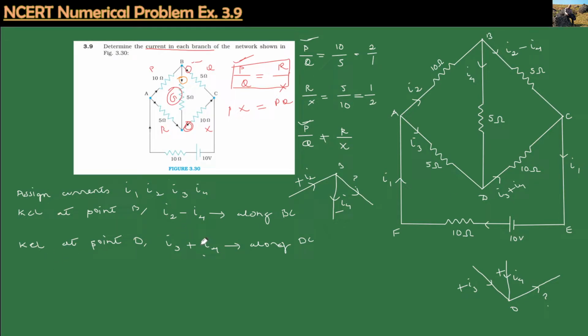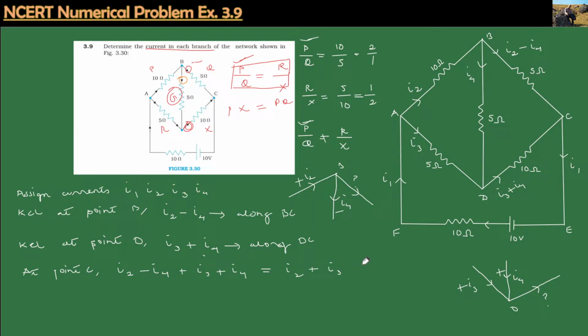Because if you add these two currents at point C, I2 minus I4 from this branch and I3 plus I4 from that branch, this will be equal to I2 plus I3.